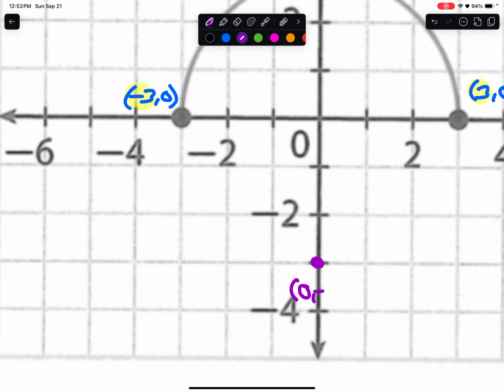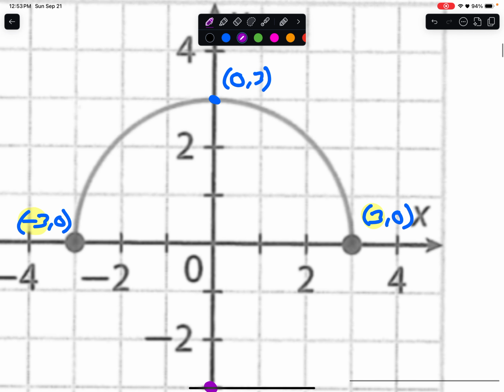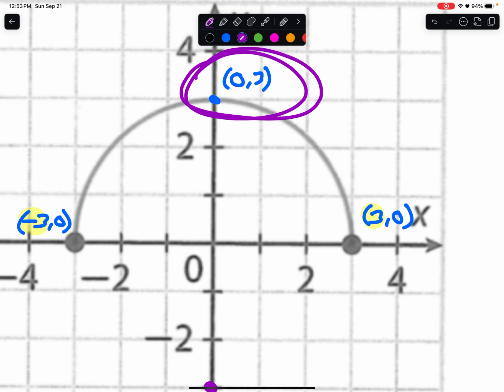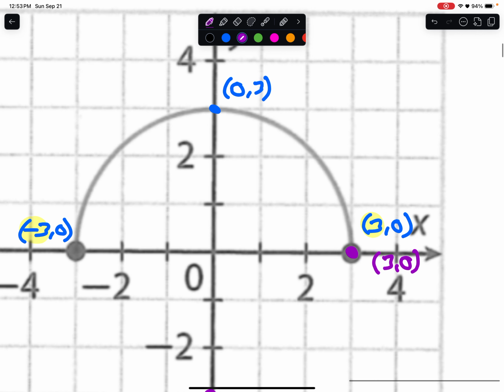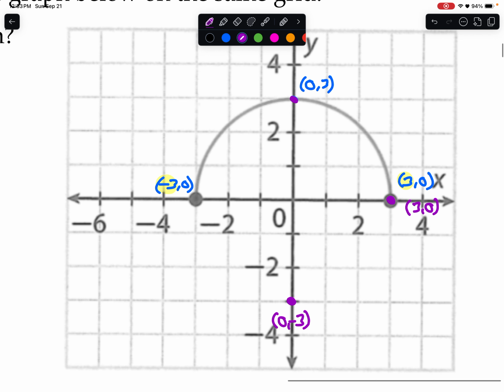Once again, I can't draw a 3. And then I'm going to transform the point 0, 3, which is going to go to 3, 0, which is going to be right on top over here. And then I want to transform the point 3, 0, which is going to transform into 0, 3. So we are going to have a good amount of overlap.